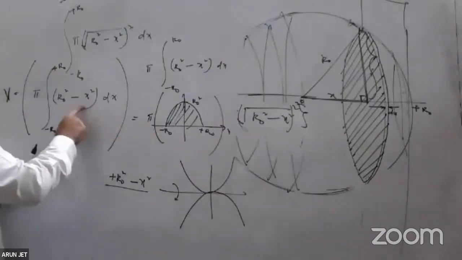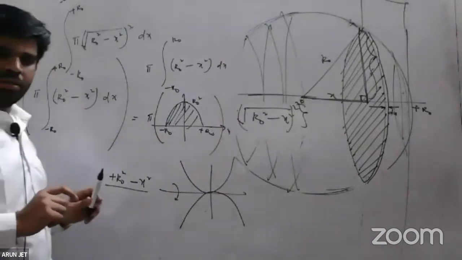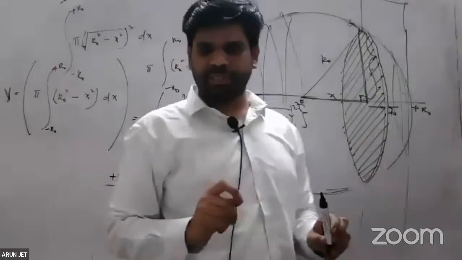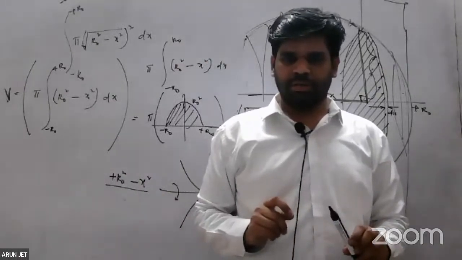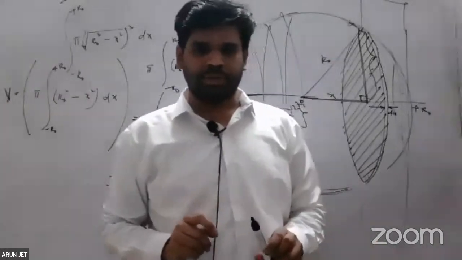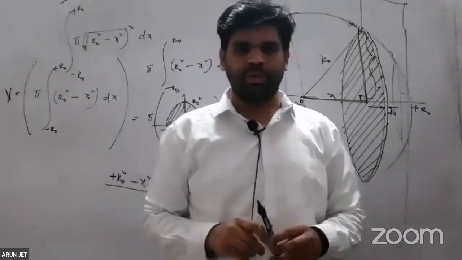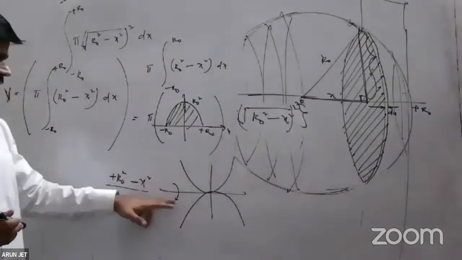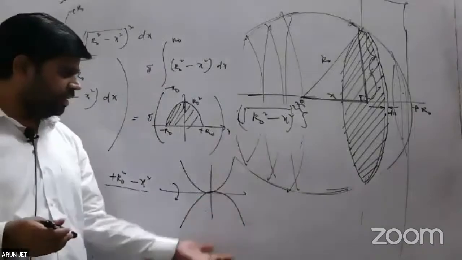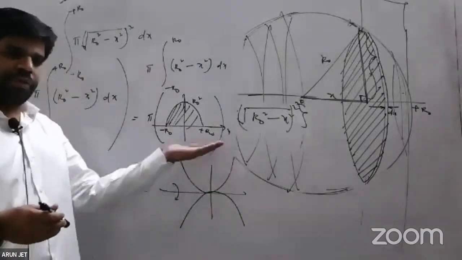Did you understand how I plotted r square minus x square? Yes, sir. Okay, good. Gayatri, have you understood? Yes, sir. Okay, from parent function x square, I reflected with x-axis. I got minus x square. I pushed it up by r square units upward, right?